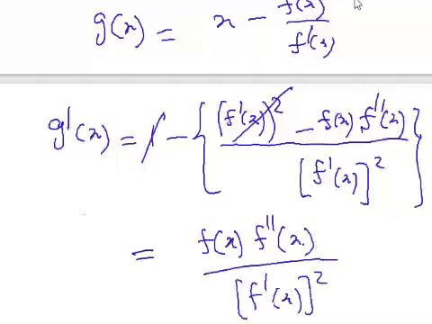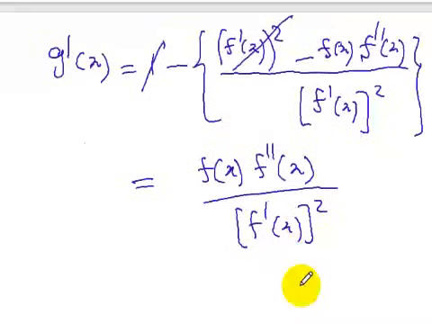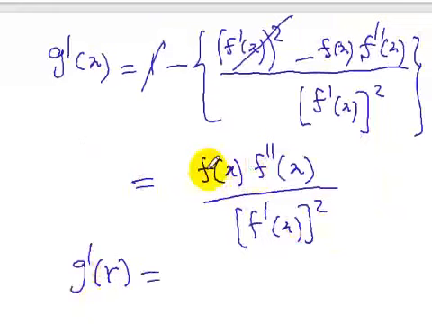Alright, so let's evaluate g prime at r. We know the fixed point of g is a root of f, so f of r becomes 0, then everything becomes 0, right? Therefore g prime evaluated at r is equal to 0.